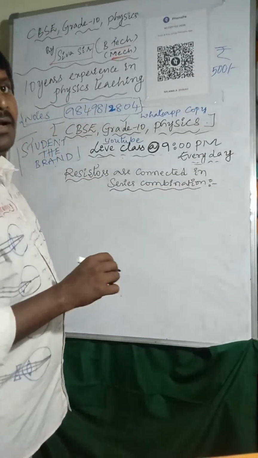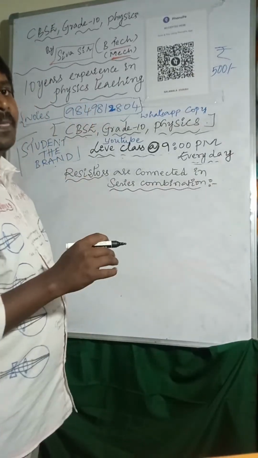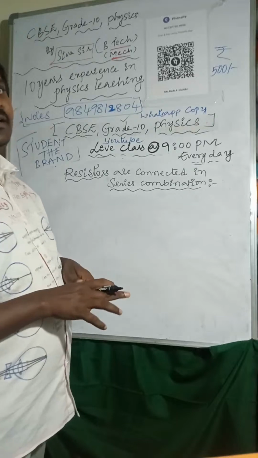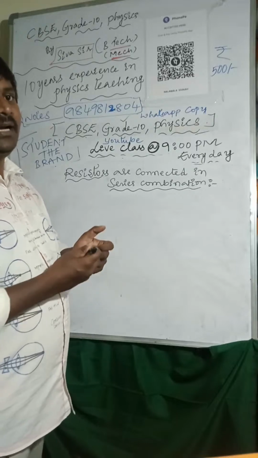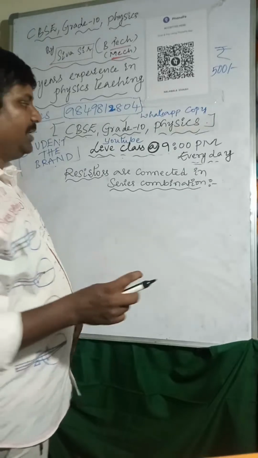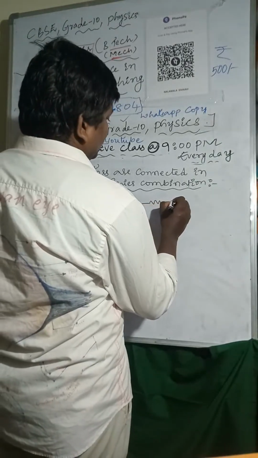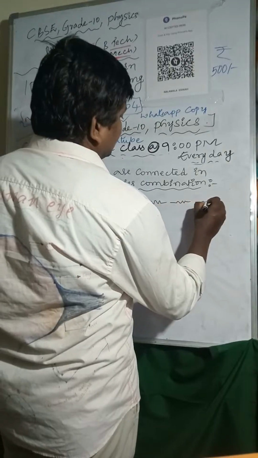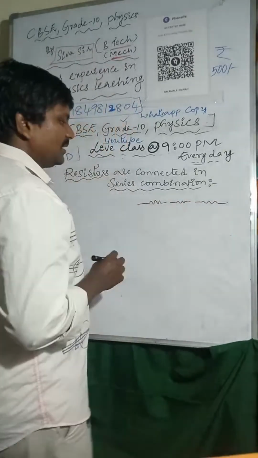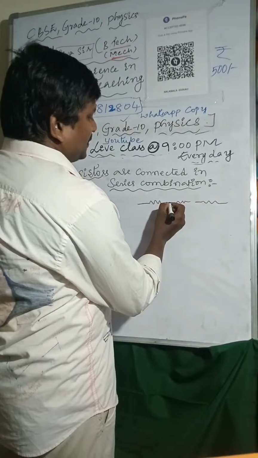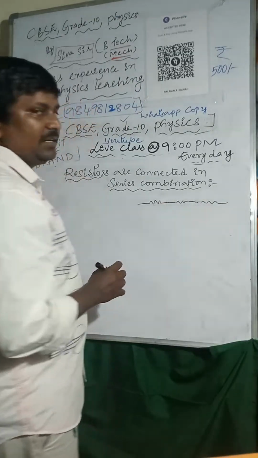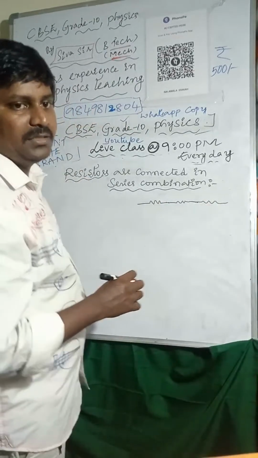I will explain how to do it. Normally, identifying the resistors: here you can see, I'm considering this is one resistor, another one, and the next one. So three resistors are connected in series combination.